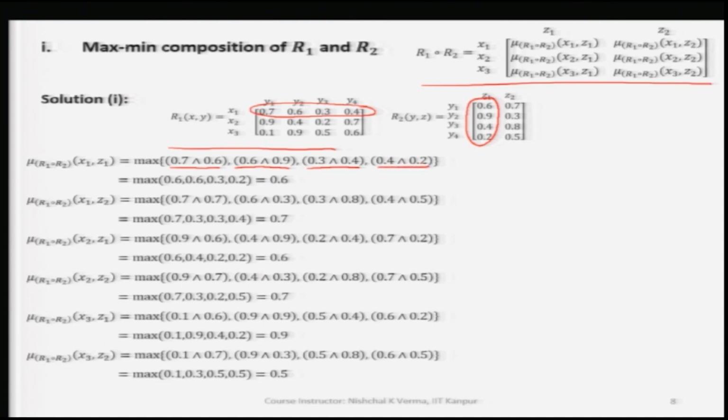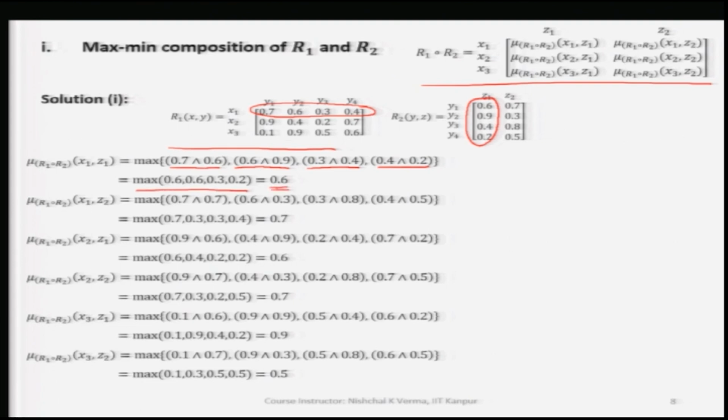This way we have multiplied the first row of R1 and the first column of R2. Now, having taken the respective minimum values, we take the max. When multiplying we would add, but instead of adding we take the max. When we take the max, we get 0.6.